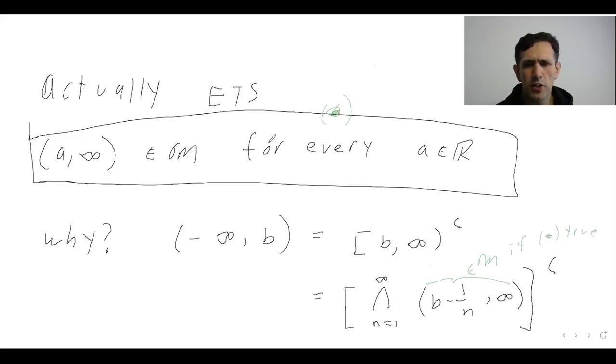If star is true, then each one of these is in M. Hence the countable intersection is in M. Hence the complement is in M. So this is in M. And yeah, I do think I'm repeating almost precisely what I did in the synchronous office hours, but that's all right.